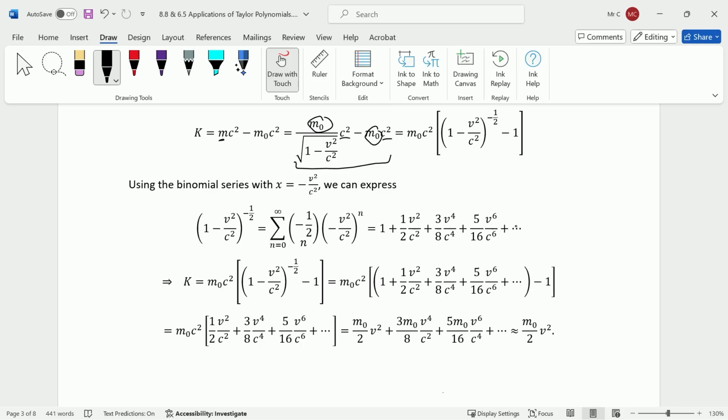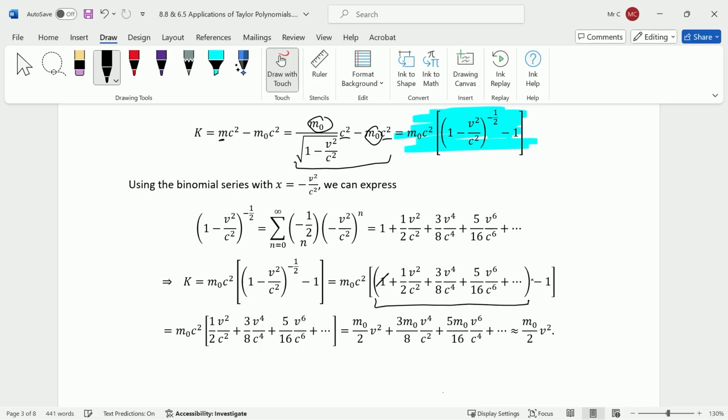So what does that tell me? Well, that implies that this expression we had before for the kinetic energy, which we rewrote as m naught c squared times the binomial expression minus 1, can be rewritten as m naught c squared times, in brackets, this expansion of our binomial series minus 1.